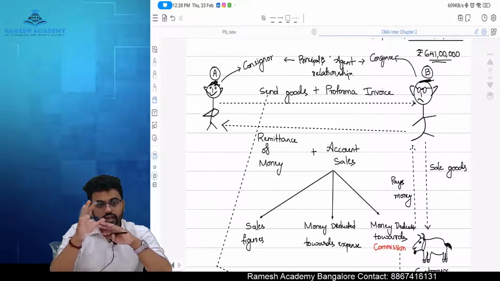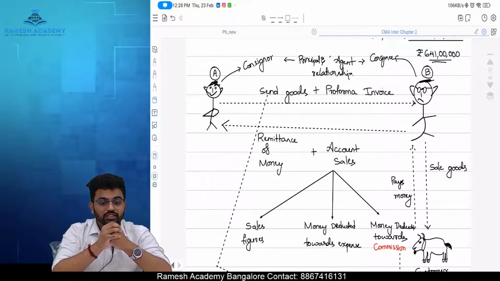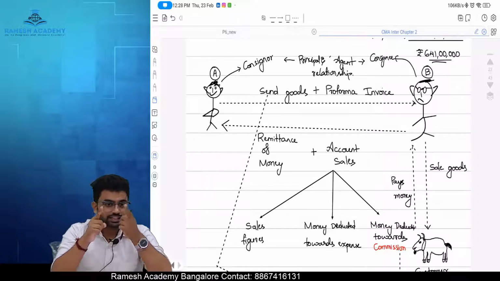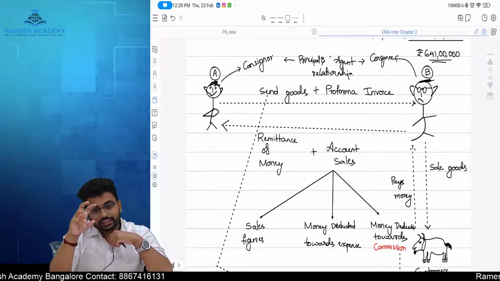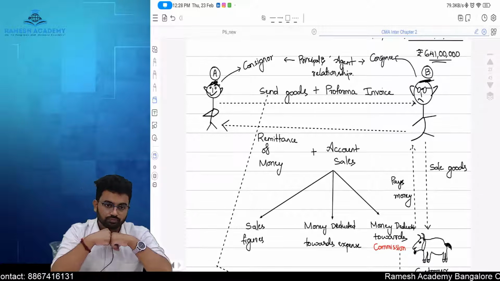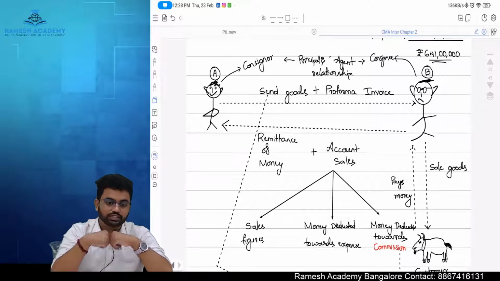Periodically, when he sends the money, he will not send the whole money. Why? Because for making such sales, he is entitled to a commission. So he will deduct such commission from the sales amount.